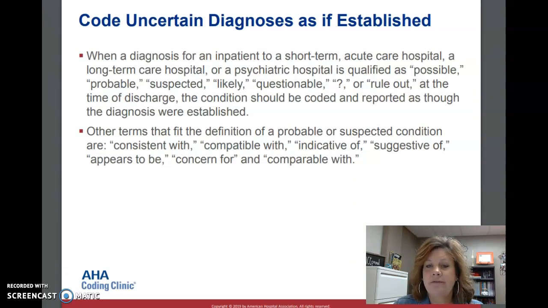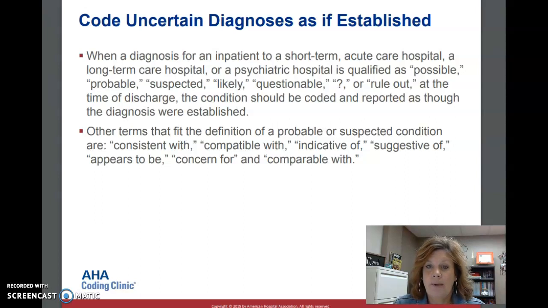Okay, here is a very, very important rule. You really need to write this in your textbook. This will come back next year, all through this semester. So let's start off here with inpatient. If their status is inpatient, and the diagnosis states possible, probable, suspected, likely, questionable, or rule out at the time of discharge, you code it as if it were established.